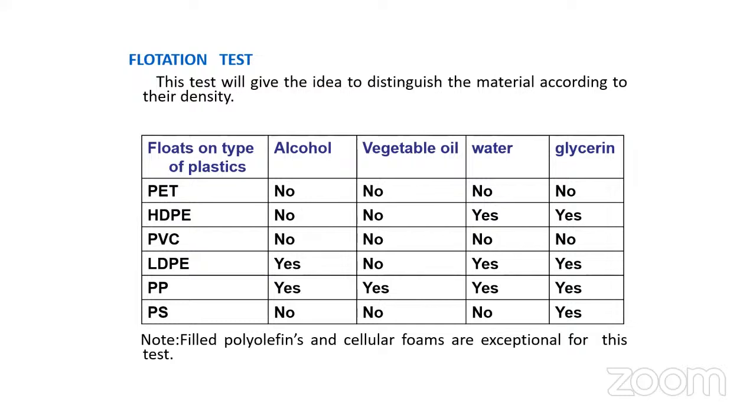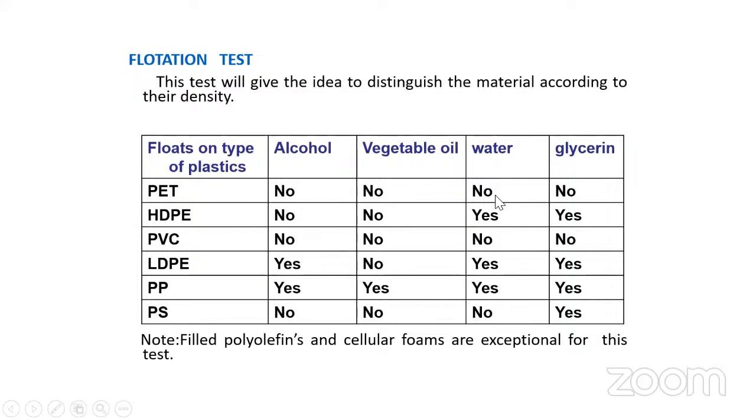Suppose we consider water first as a basic liquid medium. If you try to float your polymers on water, what is the density of water? Yes, it is one. The density of water is one.